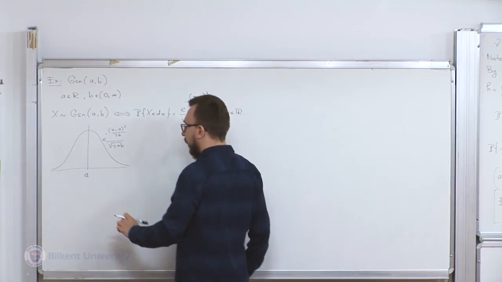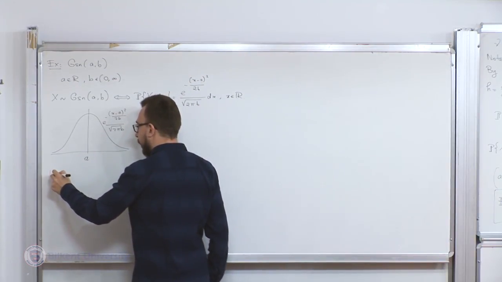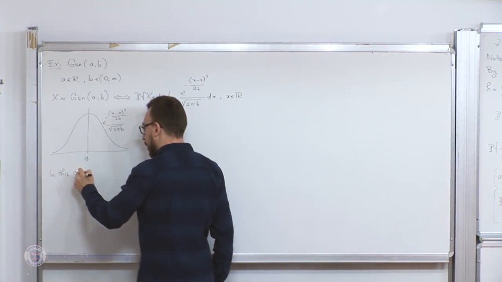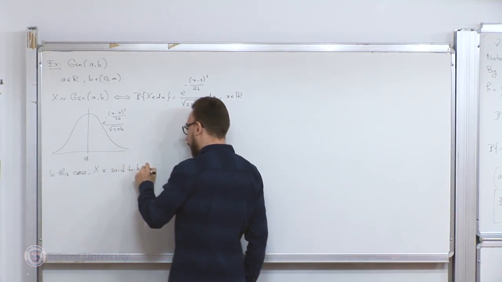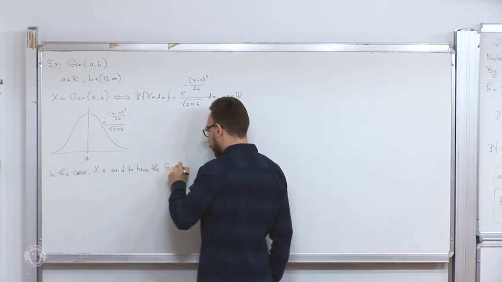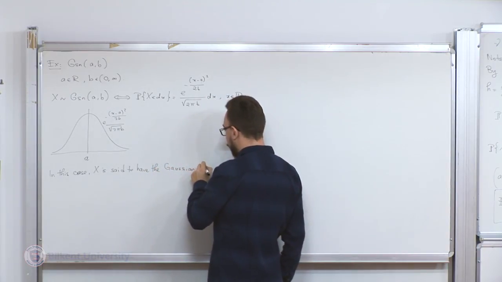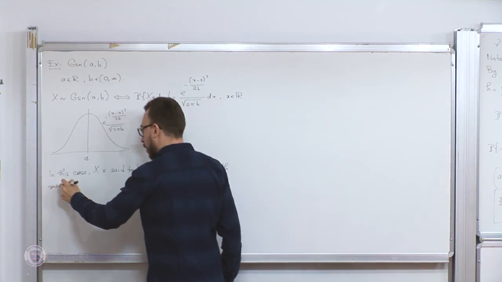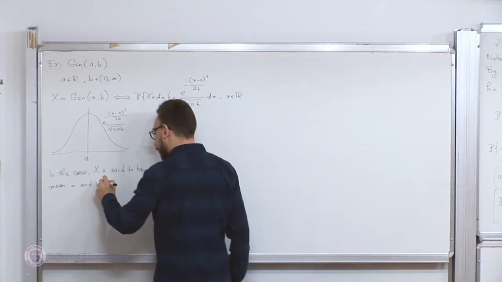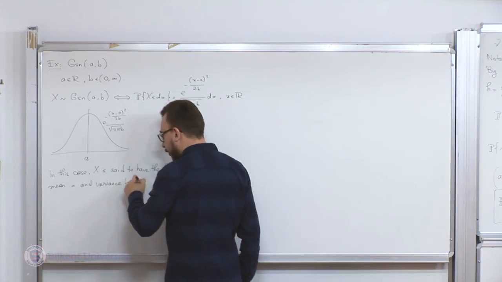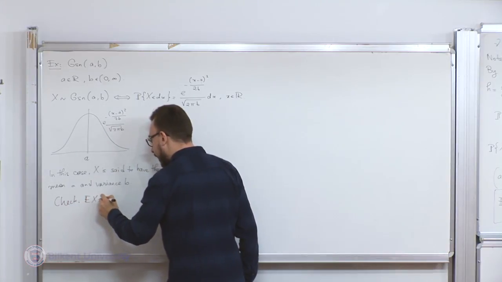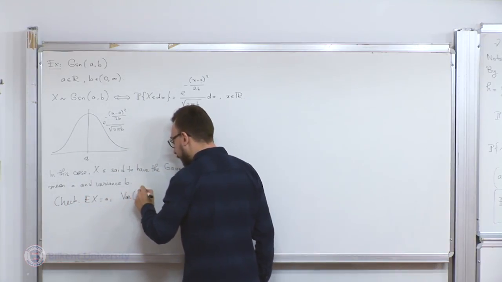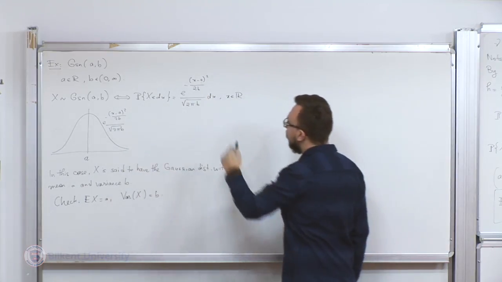So in this case, x is said to have the Gaussian distribution with mean a and variance b. And why do we say it? Because you can check by integration that the expected value of x is a and the variance of x is b, if the density function is given this way.